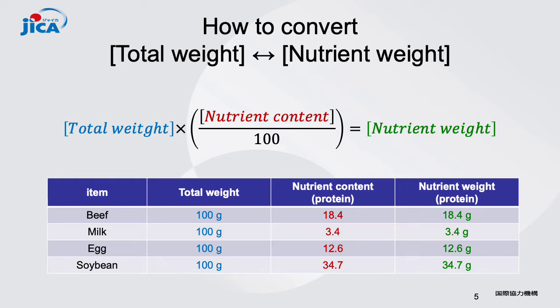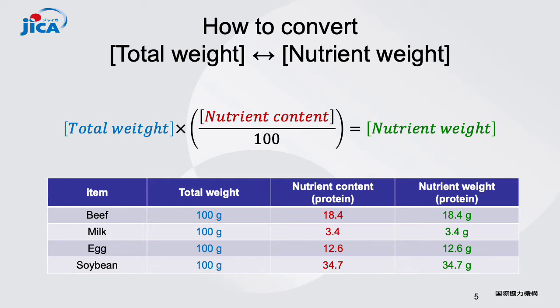Example calculation is in the table below. Let's assume each food item you have 100 gram. And how much protein you can get from each food item. So you can use this nutrition content. From the food composition table, you can get this number.